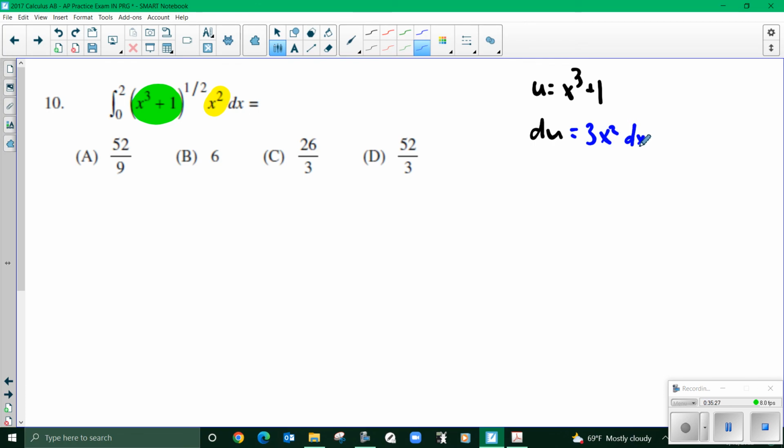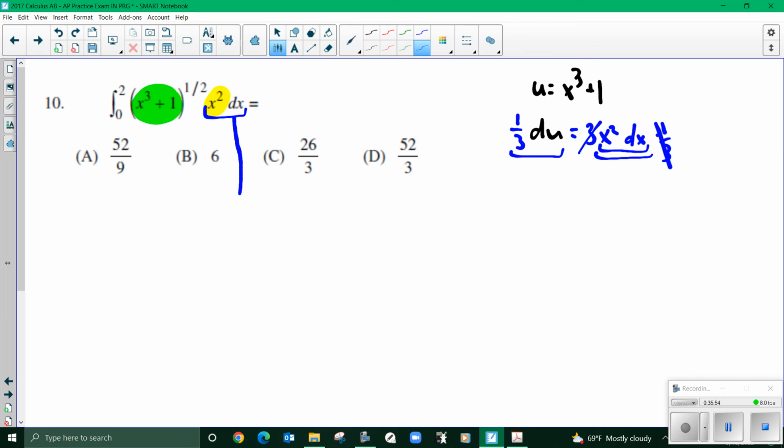Now, I only have x squared dx that I want to substitute in for. I want to get rid of this 3 in front, so I'm going to multiply both sides by 1/3. The 3 and the 1/3 cancel, and now 1/3 du is going to go in for my x squared dx.